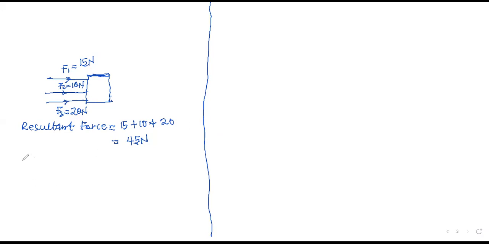Let's look at the direction of the resultant force. Look at this example. Okay, three forces acting on this body. What do you think will be the direction of the resultant force? Ella, please speak up.